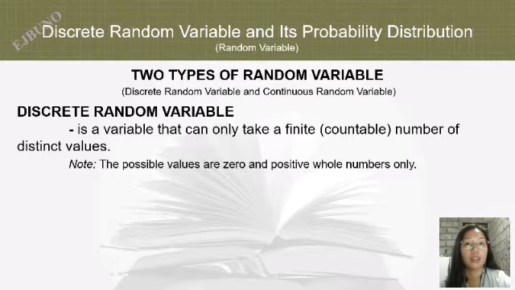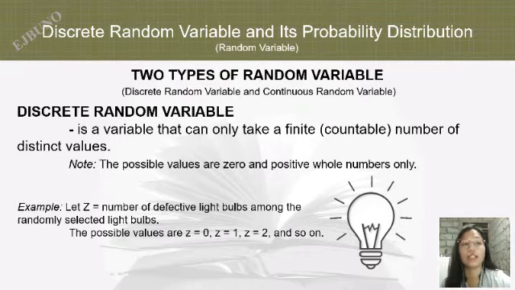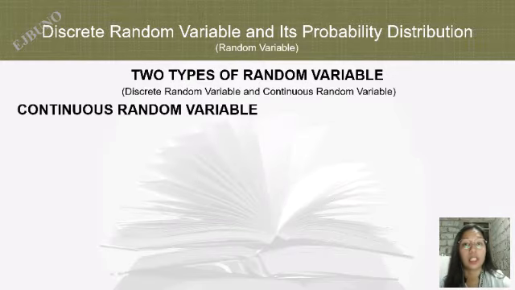Yung mga possible lang ay 0 at positive numbers, bawal ang negative. For example, let Z be the number of defective light bulbs among the randomly selected light bulbs. The possible values are Z = 0, Z = 1, Z = 2, and so on.